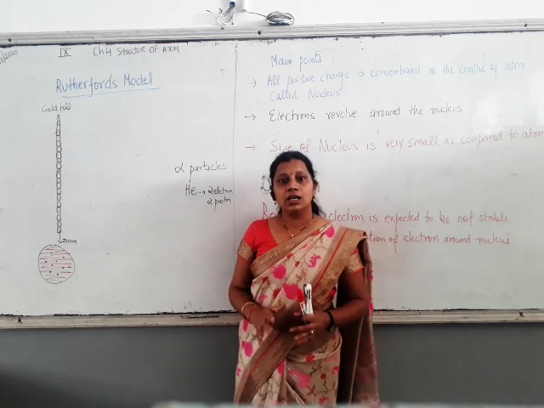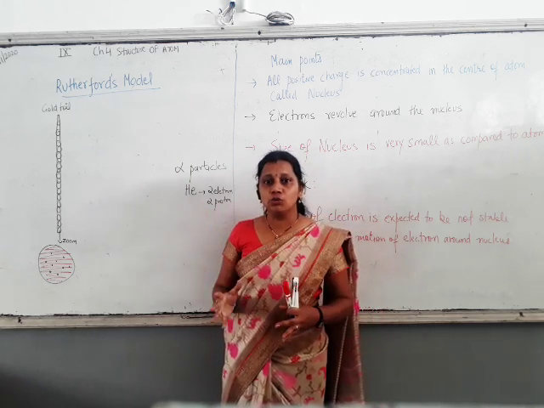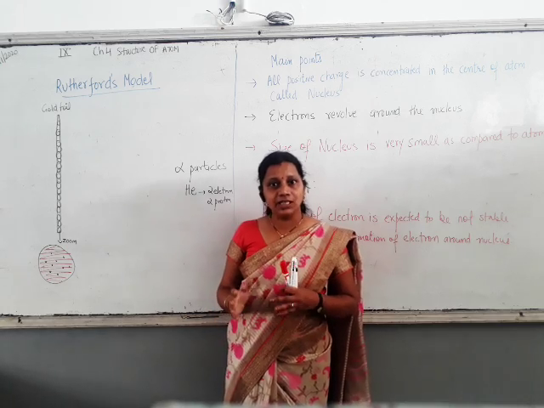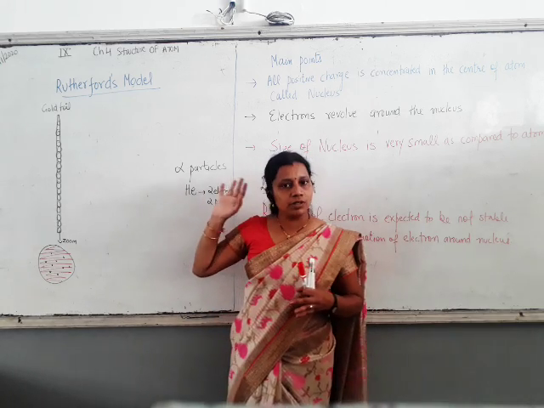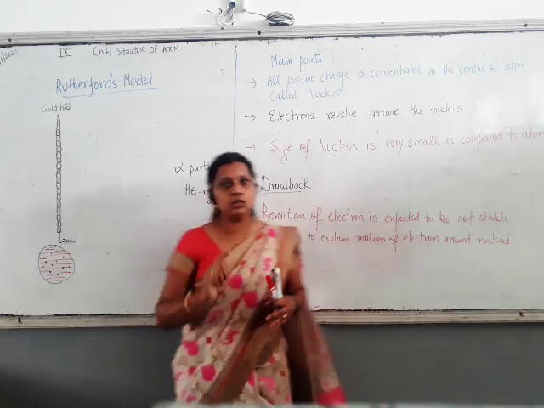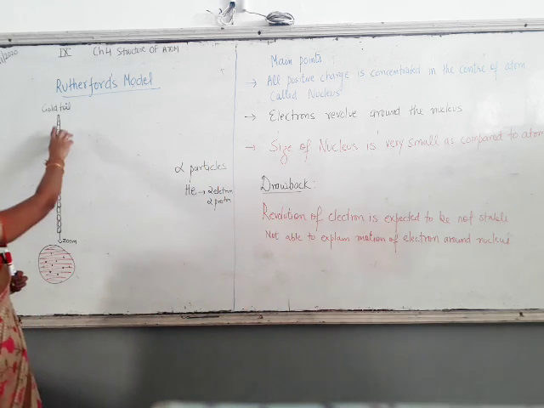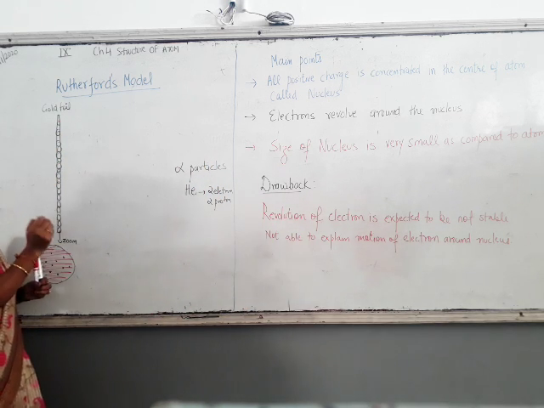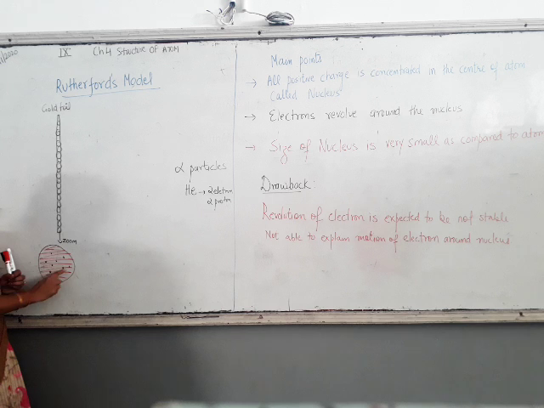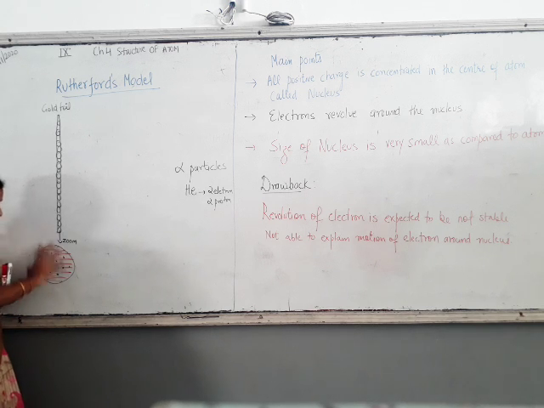Now first, he was assuming that the Thomson model was okay. So according to him, if you consider this as a very thin gold foil, and this is an atom, this is the zoomed part. This is what he was thinking, the model proposed by Thomson. This red one is your positive charge, fully filling the space, and in between is your electron.